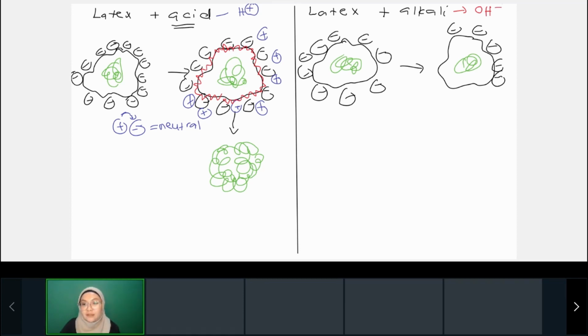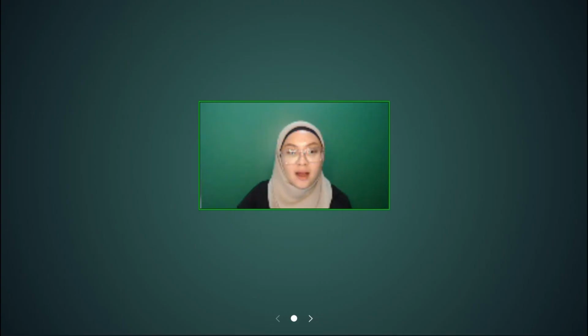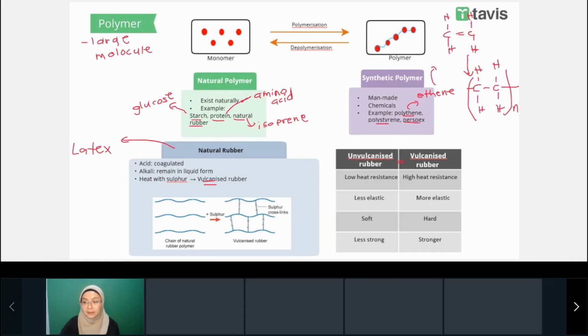The hydroxide ion will give another negative charge to the membrane of the latex. So the membrane is not breaking, it just remains in good condition. That's why when you add alkali to latex, it won't be coagulated. So that is how it works. Okay, now let's continue our lesson.